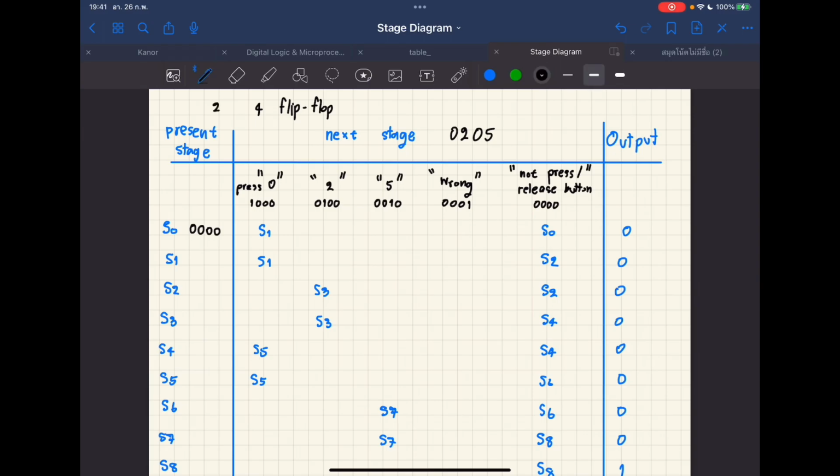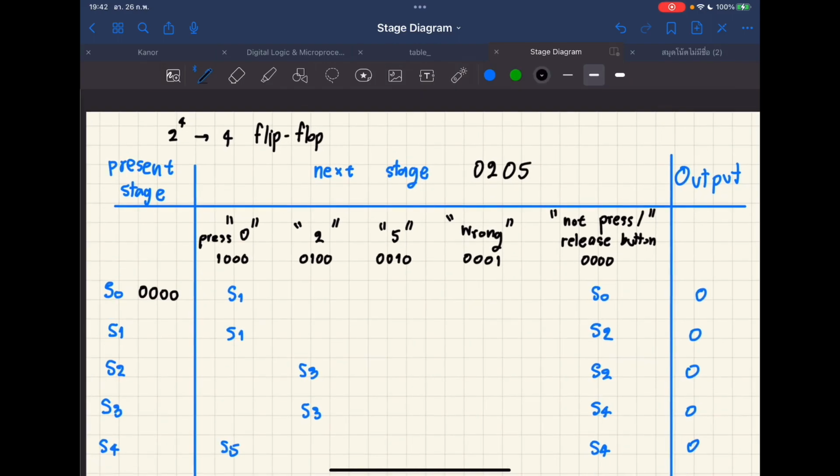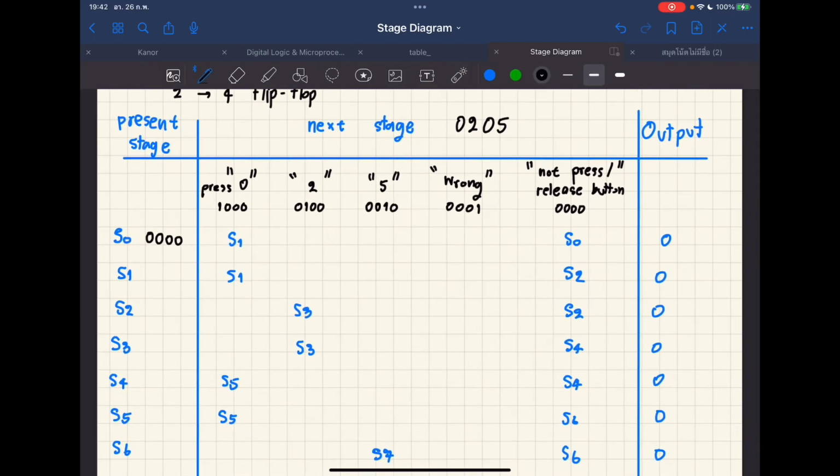It has to be 4, so we have to use 4 flip-flops. So we have 4 digits, and each digit is Q3, Q2, Q1, Q0.